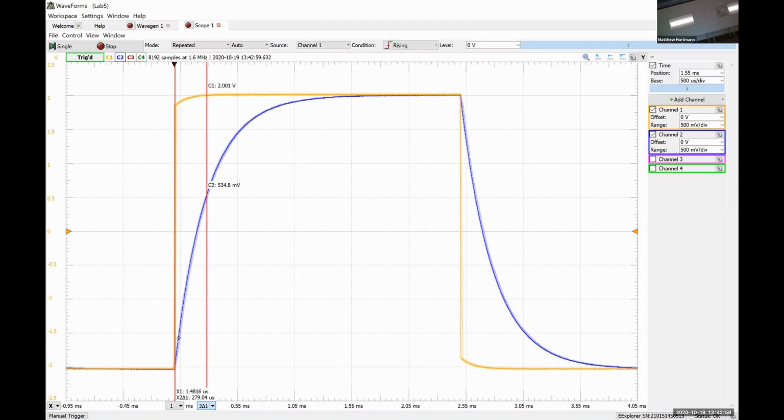What value does the capacitor voltage settle to? 2 volts, right? What does the quantity A represent? So A, recall that 0 minus is at DC steady state.